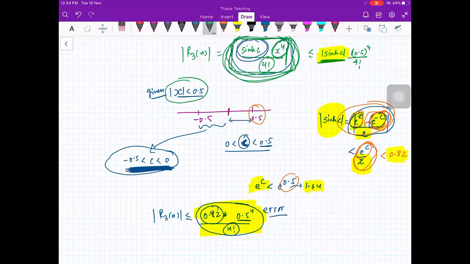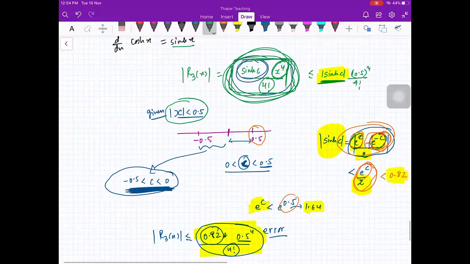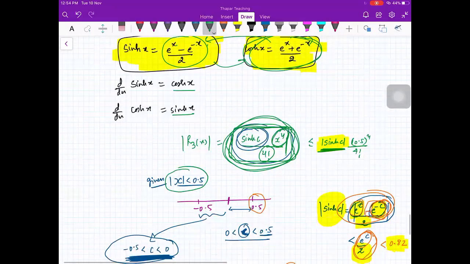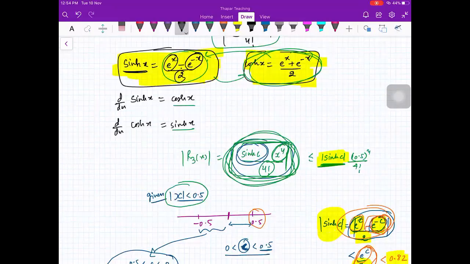Ask your doubt if you have any. Ma'am, I know I'm asking a very basic doubt, but what is the meaning of sine hyperbolic c? Yeah, beta, this is just a function defined as e raised to power x minus e raised to power minus x, by 2. This is called the sine hyperbolic x function, and this is cos hyperbolic x, e raised to power x plus e raised to power minus x, by 2. Then you can define tan hyperbolic x as sine hyperbolic x upon cos hyperbolic x.